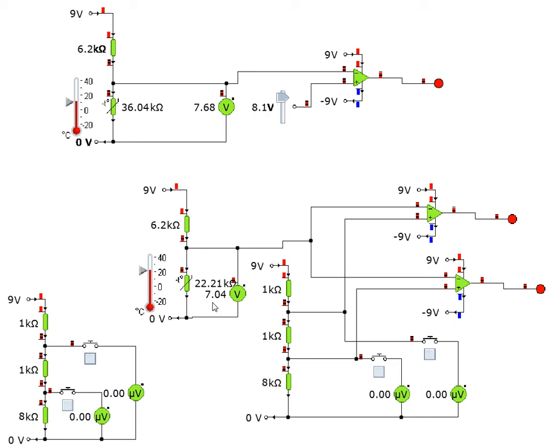So that's 7.04, which is less than the 7.2, so this one's high. And as the temperature drops, this voltage increases, so the inverting voltage is increasing, so that's one switched off, that's the other one switched off.